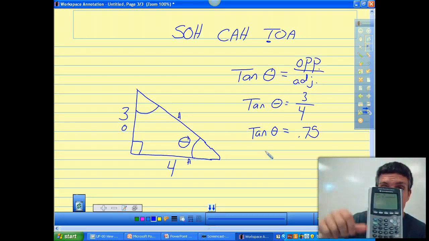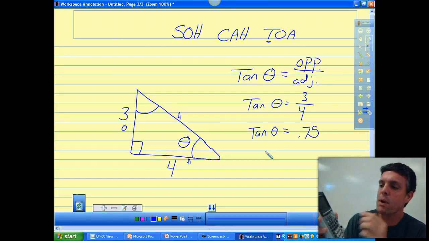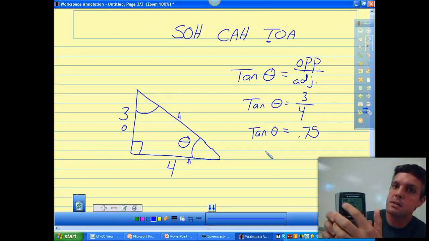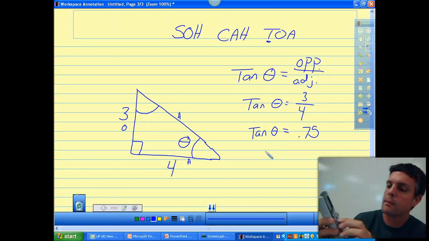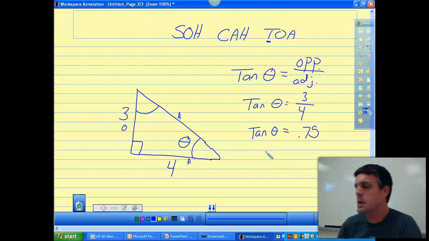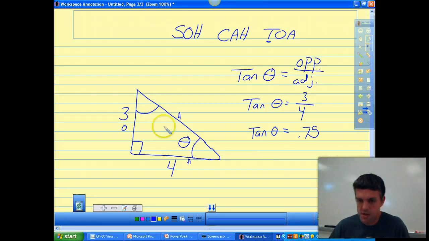That's the angle, all right. Now your calculator has to be set in the proper mode, and if I go to mode, I'm in degrees, not radians, okay. So that's the angle right there, 36.887. Let's round it up to 37, okay?